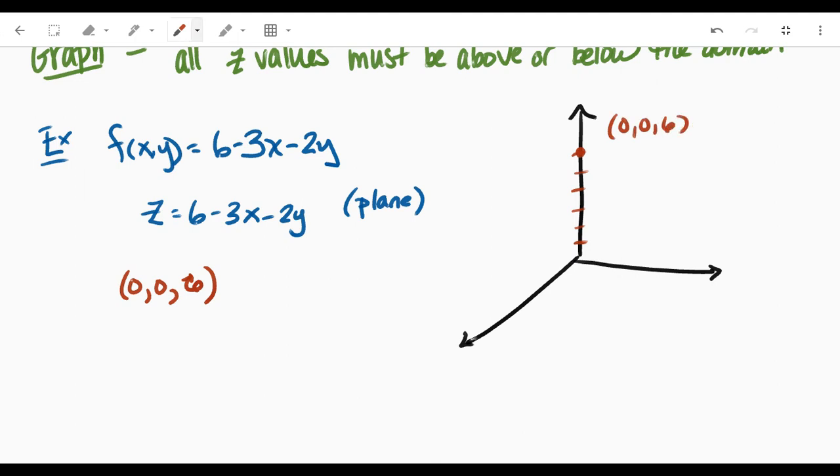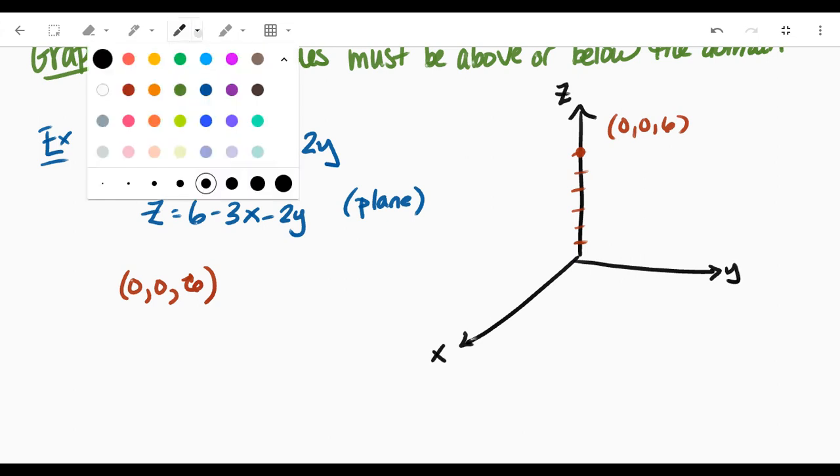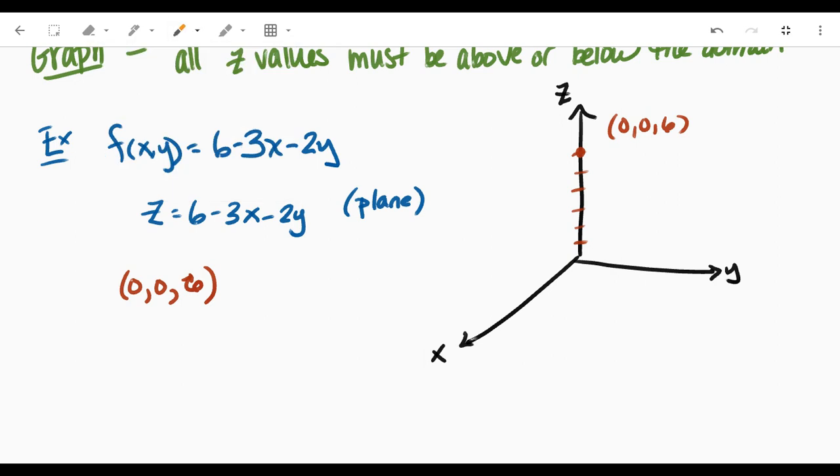Okay, don't forget your axes here, x, y, and z. All right, if we had x is 0 and z is 0, then we would just have 0 equals 6 minus 2y, right? So y would have to be 3. Okay, so we can do 0, 3, 0.